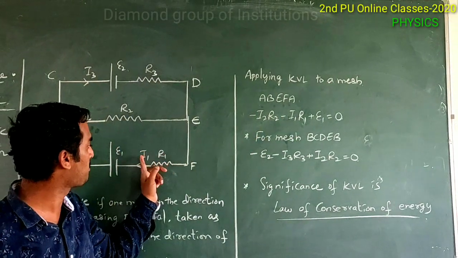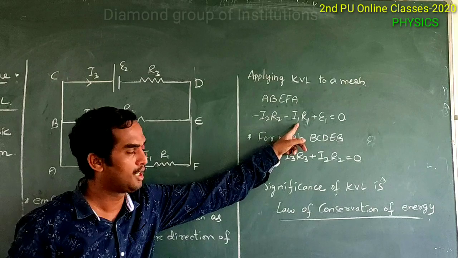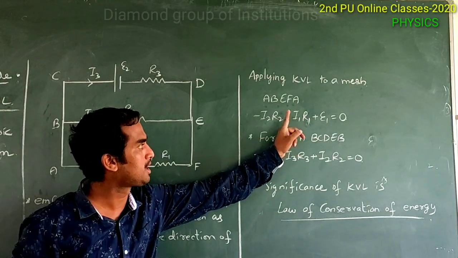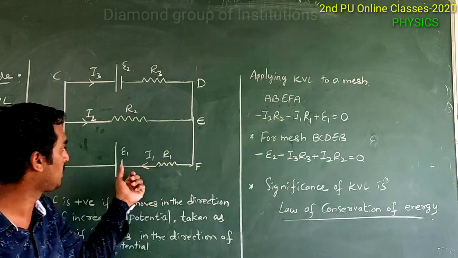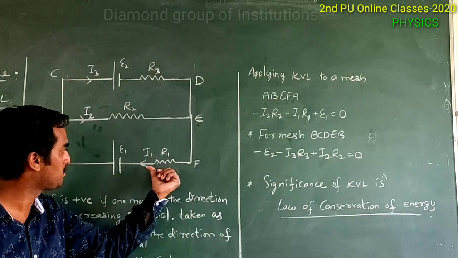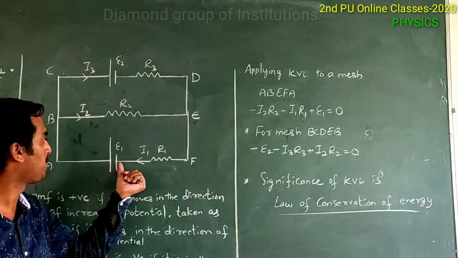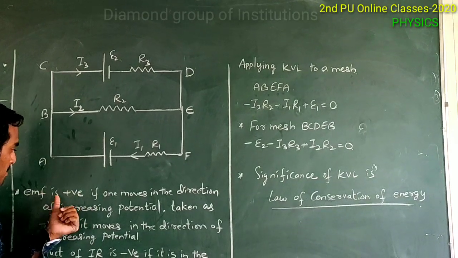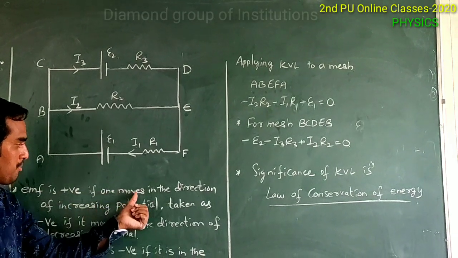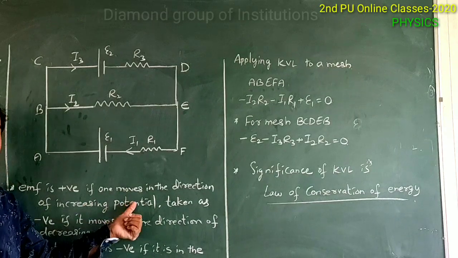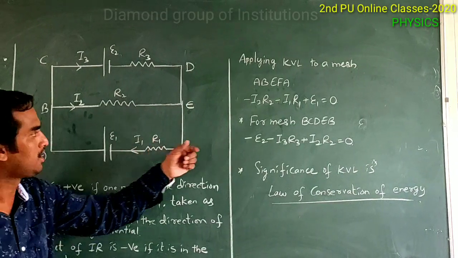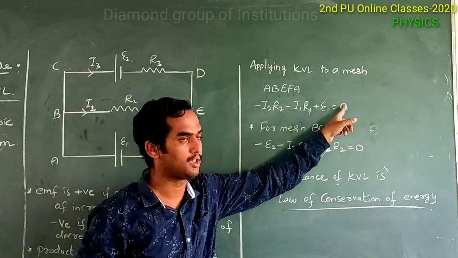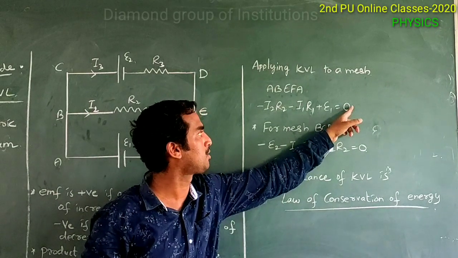And what will be the product? I1 into R1, that is also minus. And see the EMF. The current is moving in this direction from negative potential to positive potential. See here, EMF will be taken as positive if it moves in the direction of increasing potential. So that's why it becomes plus E1. So totally it becomes 0.